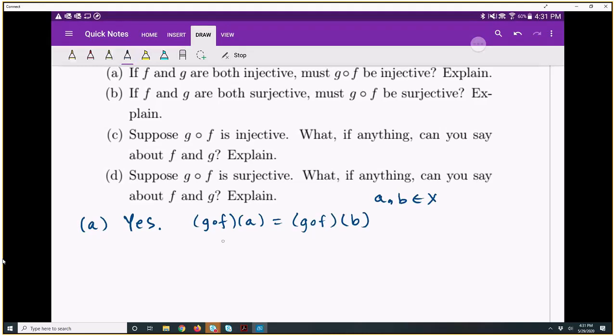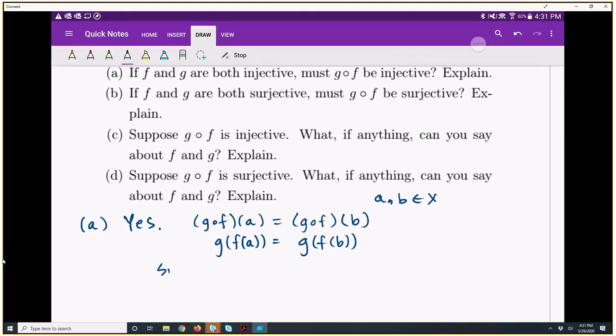Well, this is g of f of A, and this is g of f of B. And we know that f is injective, and we know that g is injective.